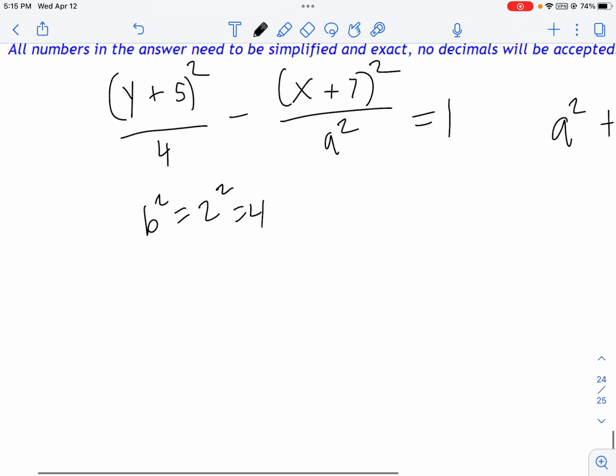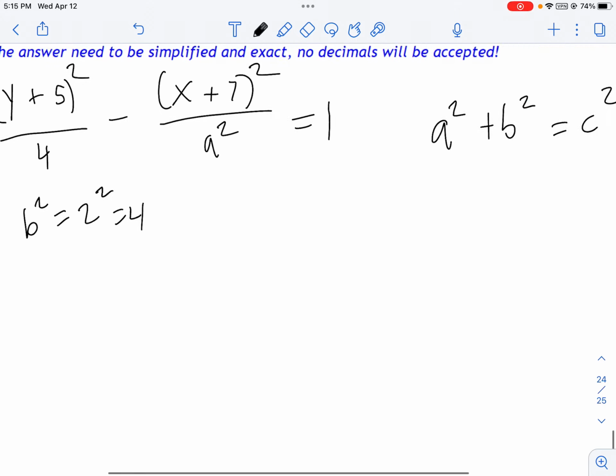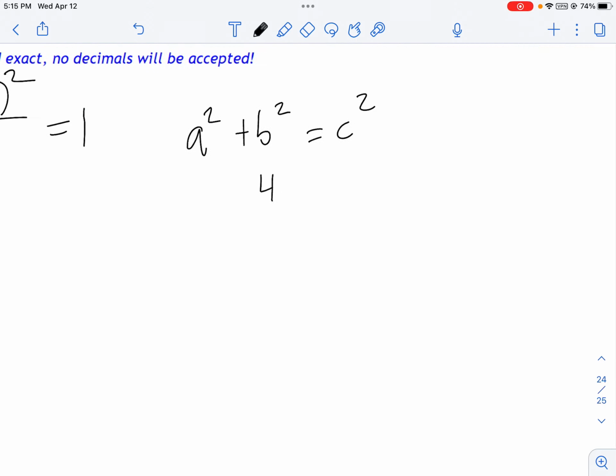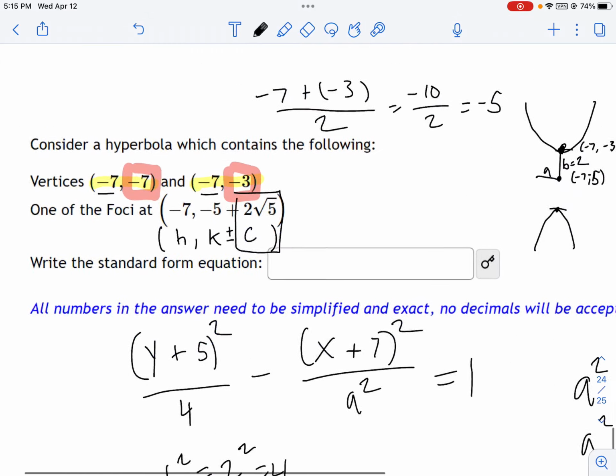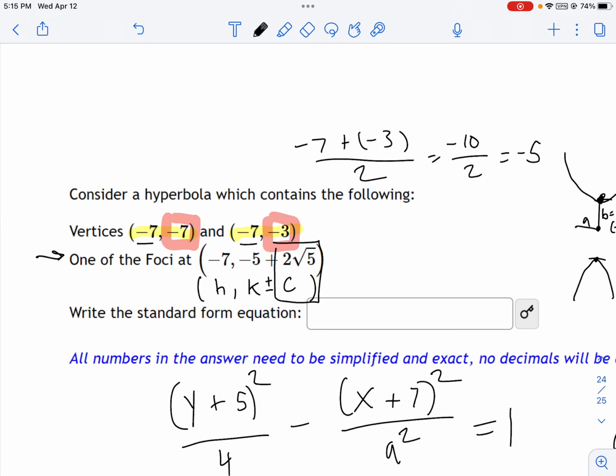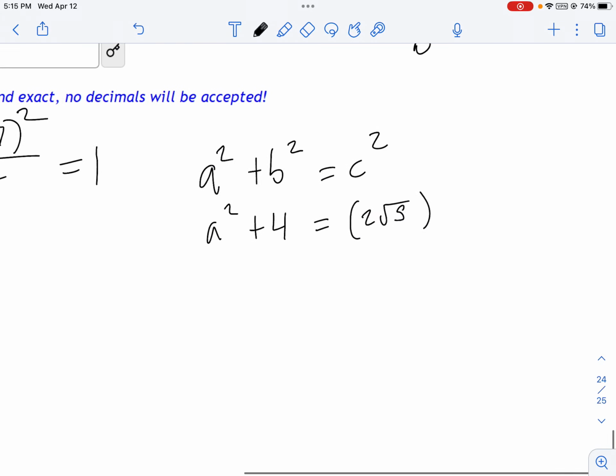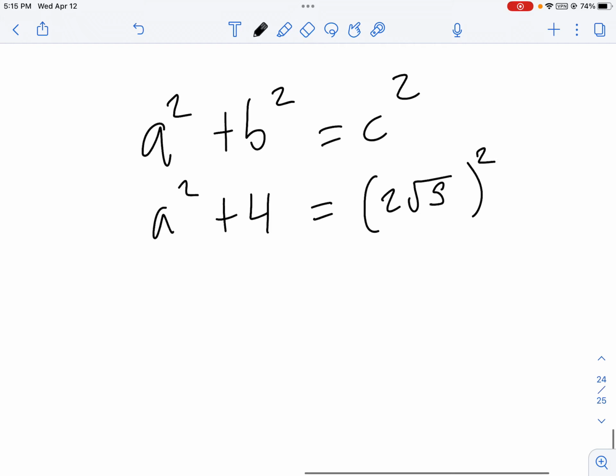That is your c value. And we also know our b value already, right? Our b squared value is 4. So that means we know this one, and we know our c value is 2 square root 5. And then that just leaves the a squared as the only unknown. So that's why we use our Pythagorean relationship, because when we use our foci, we know that third value, our c value, and we can back solve for it.